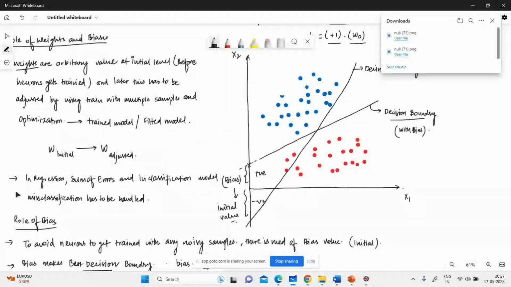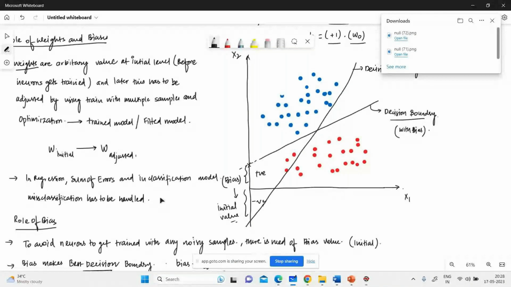Misclassification has to be handled to go from W initial to W adjusted. So how can W be errors? The wrong value of W needs to be adjusted from the initial value to the adjusted value so that your errors can be minimized. Weights are not errors.